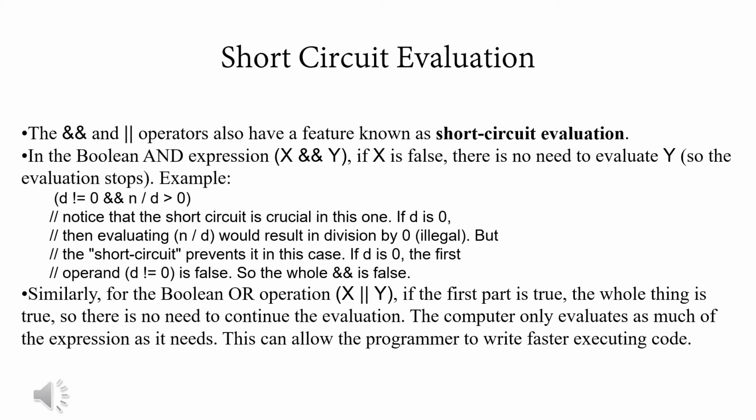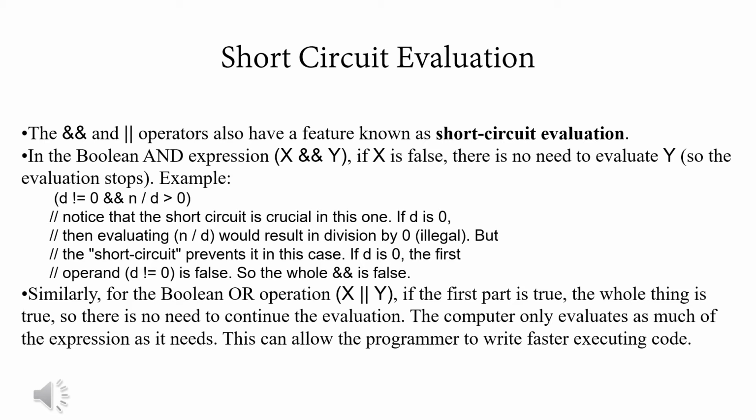The Boolean operators and, or both have a feature called short circuit evaluation. For example, for and, when we have x and y, if x is false, then there is no need to evaluate y. In the example here, it says d not equal to 0 and n divided by d greater than 0.